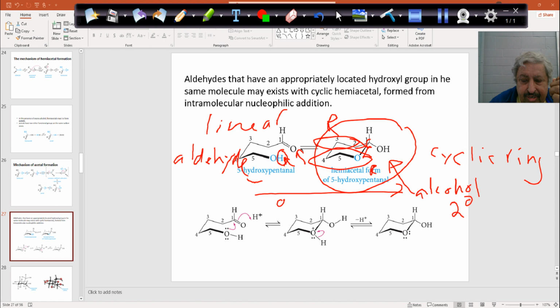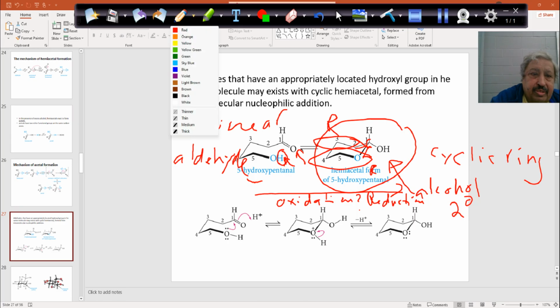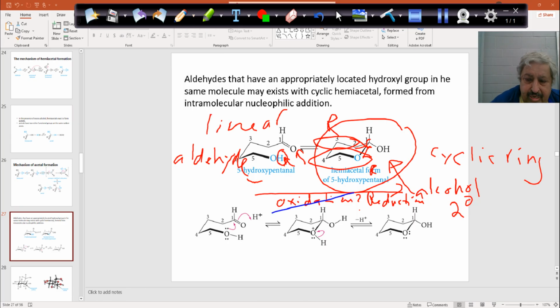So is it oxidation or reduction? What do you think? You said aldehyde to alcohol? Yes, that's a reduction. Correct. Thank you. So this is by all means not oxidation.